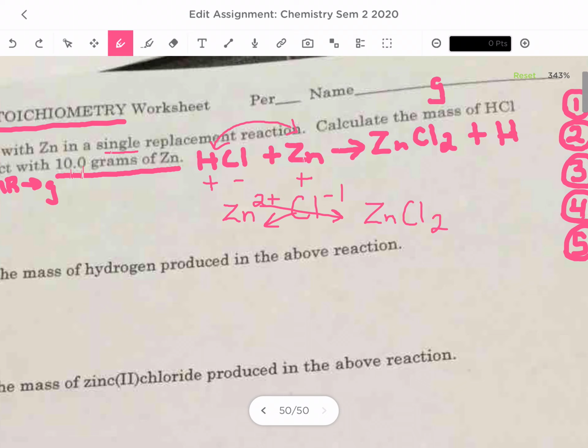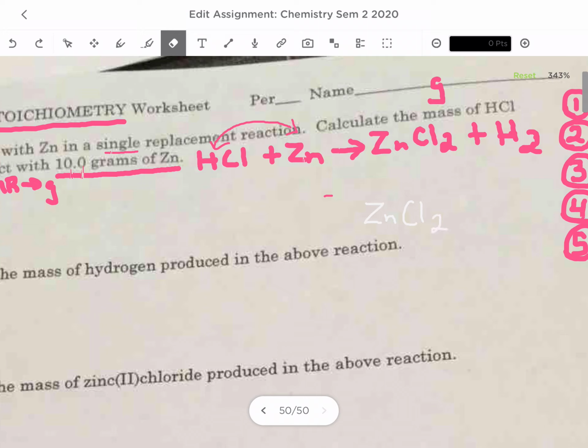Now, hydrogen is a diatomic when it's by itself. So hydrogen is a diatomic, so it's not just H, it's actually H2. So the only new part of these problems is you have to write your equation and you have to balance the equation, and then you can do the problem.